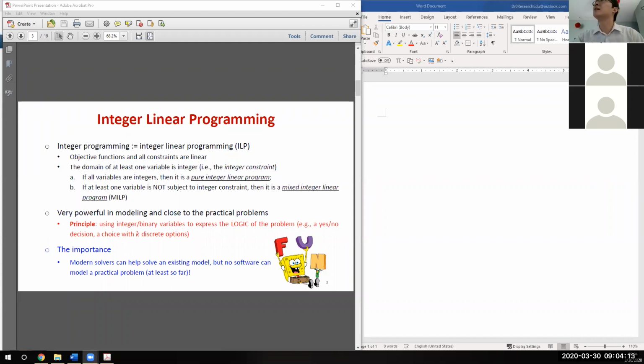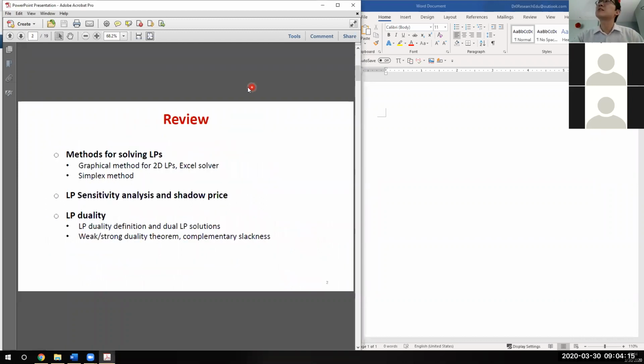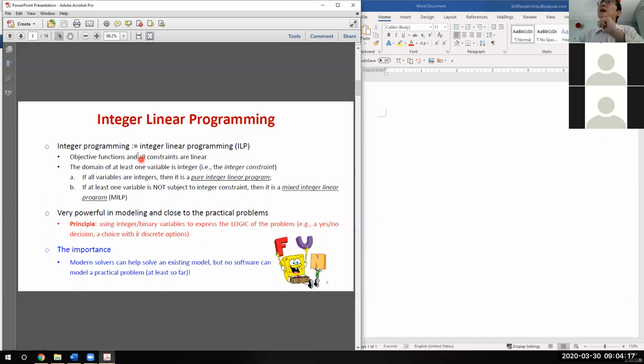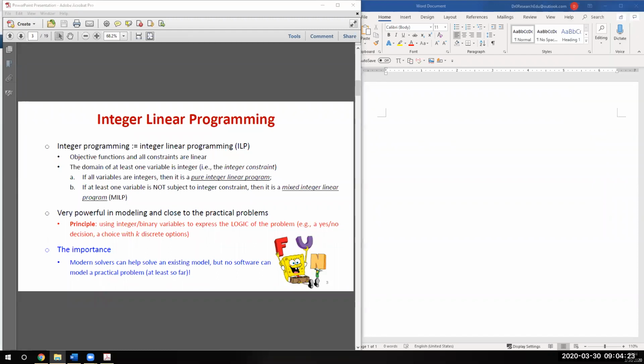Okay, thank you. In the previous lecture, I mentioned the definition of integer program, and also we mentioned the importance, right? Because using this extra binary or integer variables, I can actually express the logic.